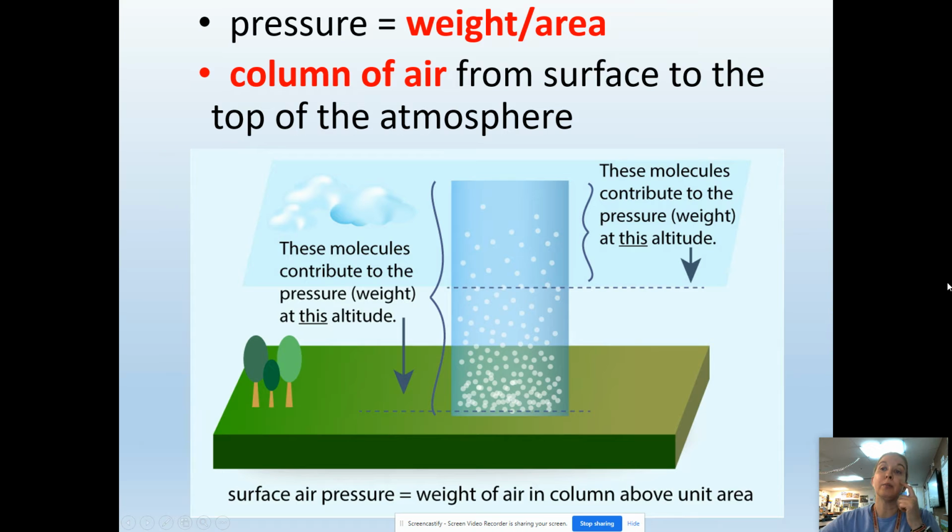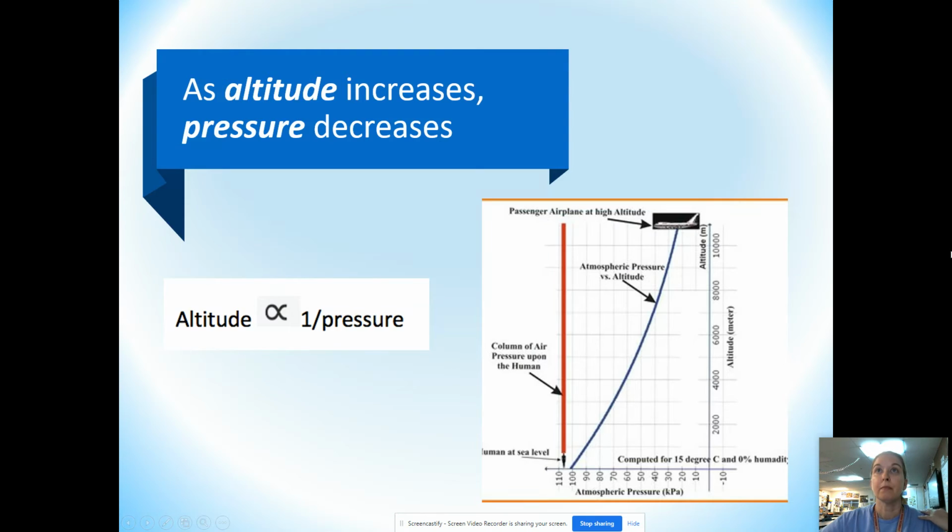So the surface air pressure is the weight of all of the air in the column above that unit area. As altitude increases, the pressure decreases. When you go up in an airplane and your ears pop, the higher you go, the lower the pressure is. So there's an inverse proportionality to that.